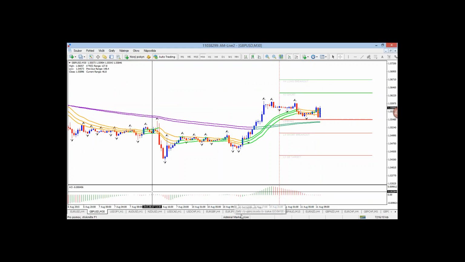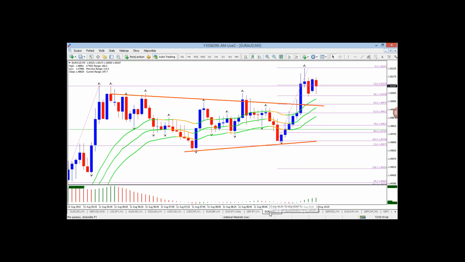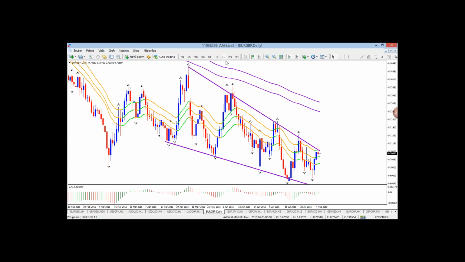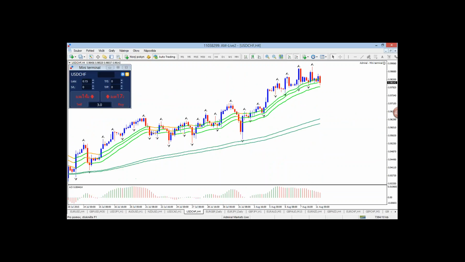All right, back to the euro odd. Let's see. Still pausing. Hasn't reached the 50 or 61.8 yet. Let me think. Anything else we can take a look at? Euro pound doesn't look too interesting at the moment. Kind of a falling wedge at resistance at the moment. Dollar Swissy looks a bit choppy.